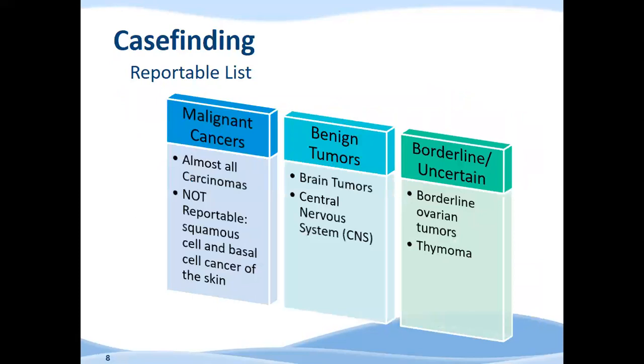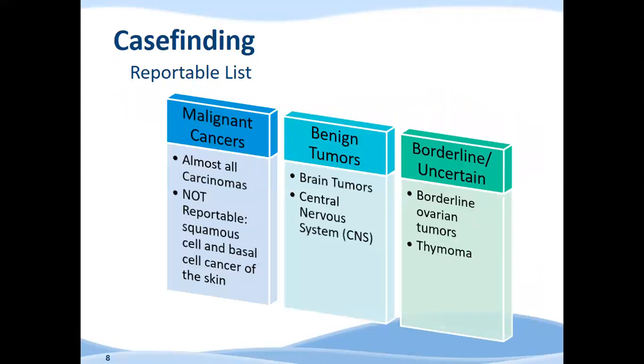The reportable list that we use to determine what cases are reportable is the governing document for case finding in the cancer registry. Almost all malignant cases must be reported to the state. A couple of the malignant cancers that are not reportable are squamous cell and basal cell carcinomas of the skin.